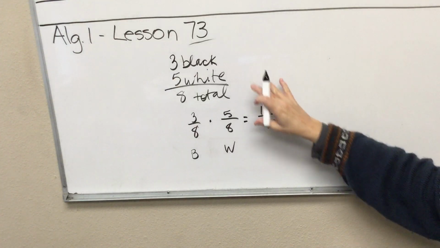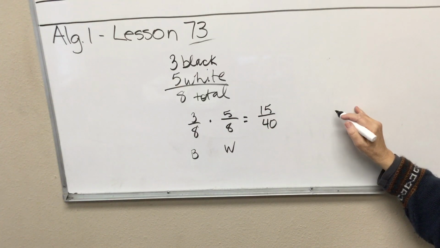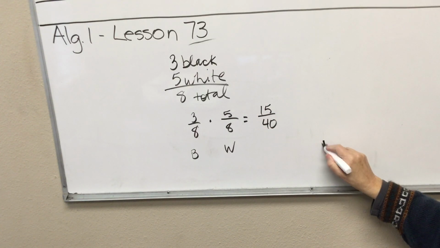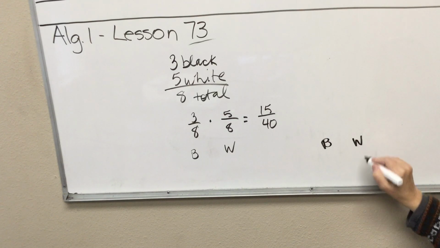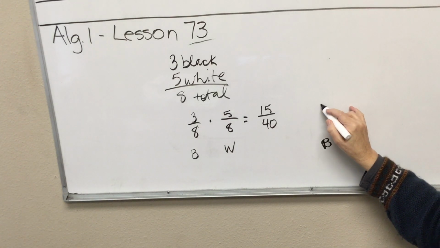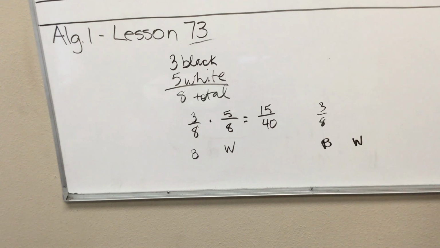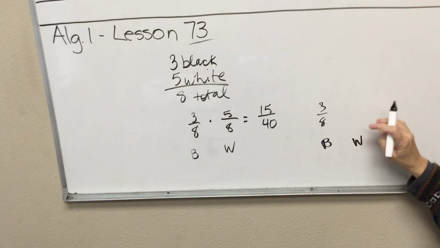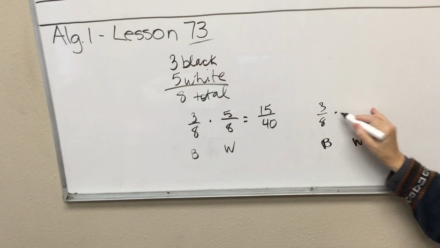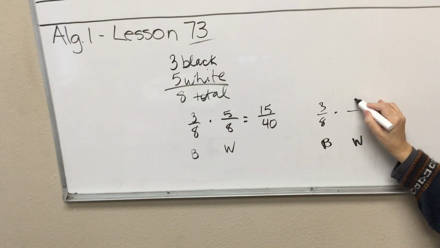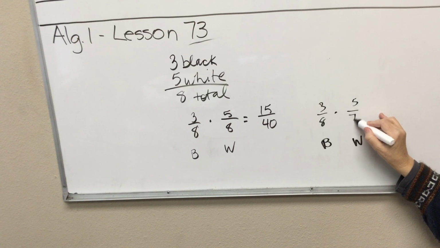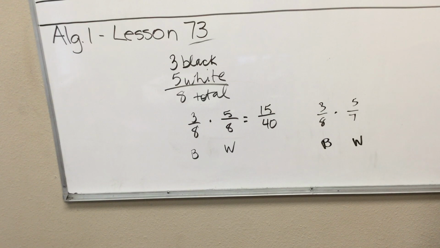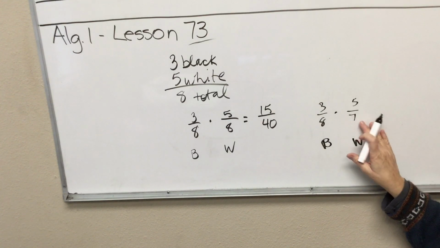So let's do it without replacement. So my probability of drawing a black first and then a white without replacement, that would be, again, a 3 in 8 chance to draw the black, and then times a 5 in 7 chance of drawing a white, because there's 1 less marble now.